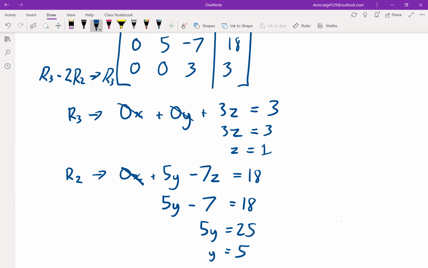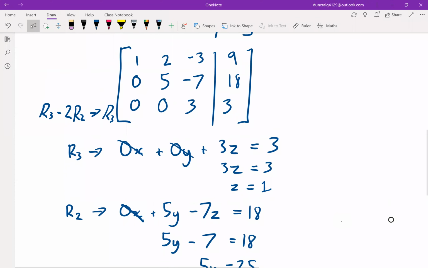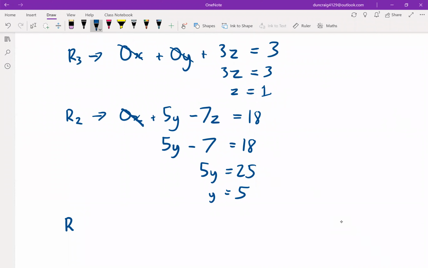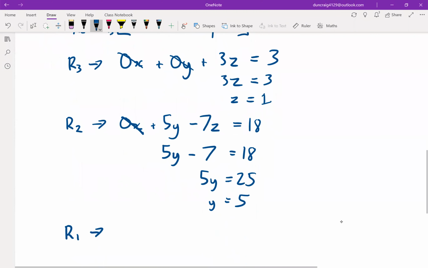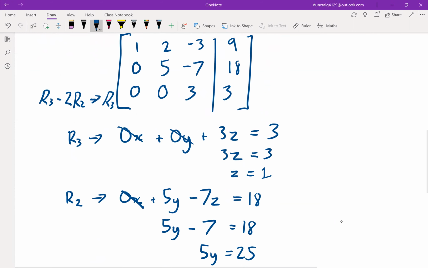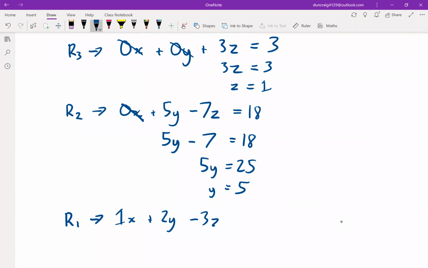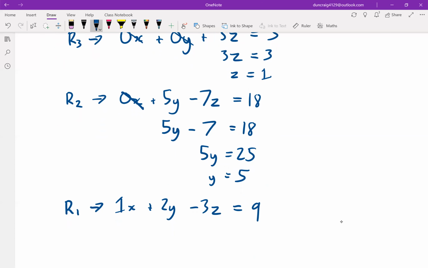Okay. And now I can sub that y and z into my original equation, into row 1. So back into R1, we had 1x plus 2y take 3z is equal to 9. So that means 1x plus 2 lots of 5 take 3 lots of 1 is equal to 9.